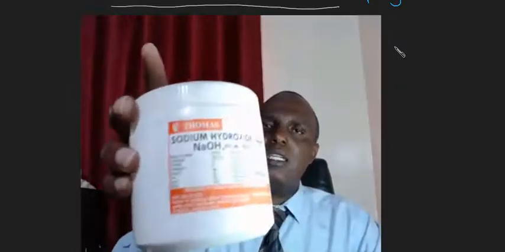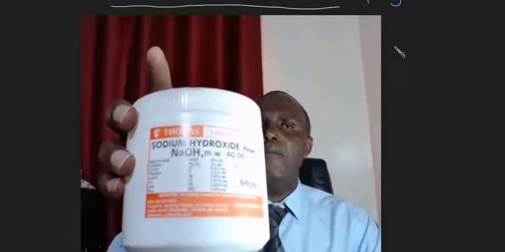But the question is how do we get the number of moles in a solution? Because as a solid, we have seen how we can do it when it is measured in mass form. But when it is measured in volume form as a solution, we also need to know how we can do it.